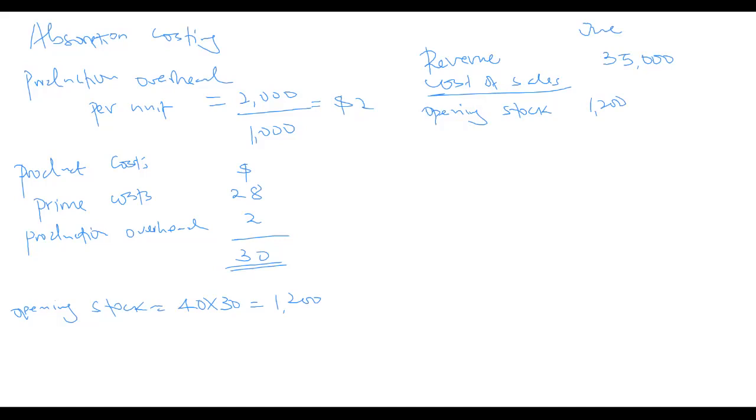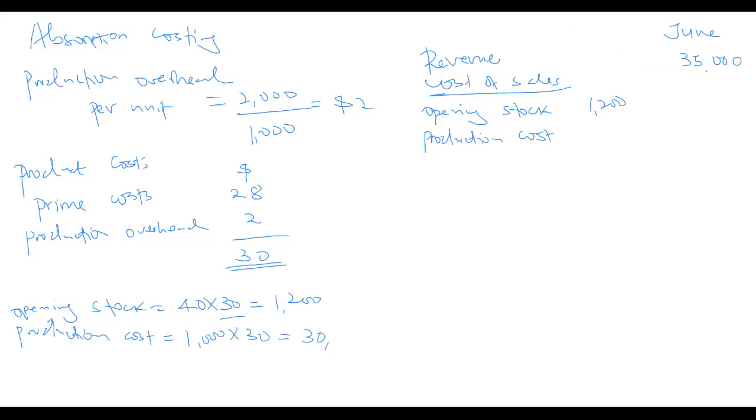Let me erase this so that it becomes clearer. Month of June, here we have that 35,000. Plus 1,200, minus production cost. The production cost for the month of June is 1,000 times 30, because every item is 30, therefore 30,000.